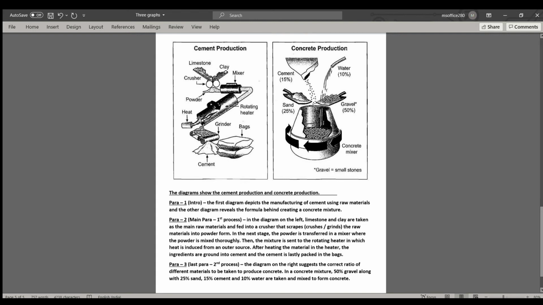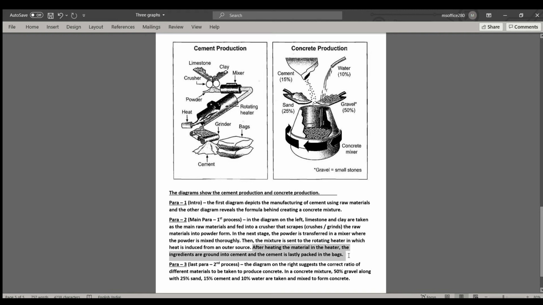This is a rotating heater and this is an outdoor source from where the heat is given to the rotating heater. Then the mixture comes out and goes into the grinder, and then the cement is formed.